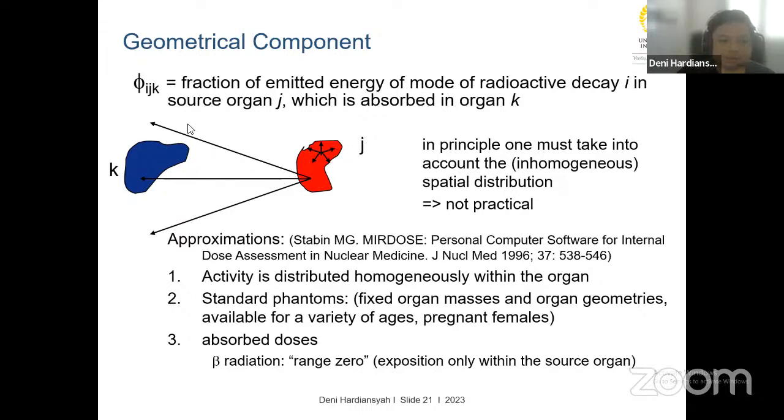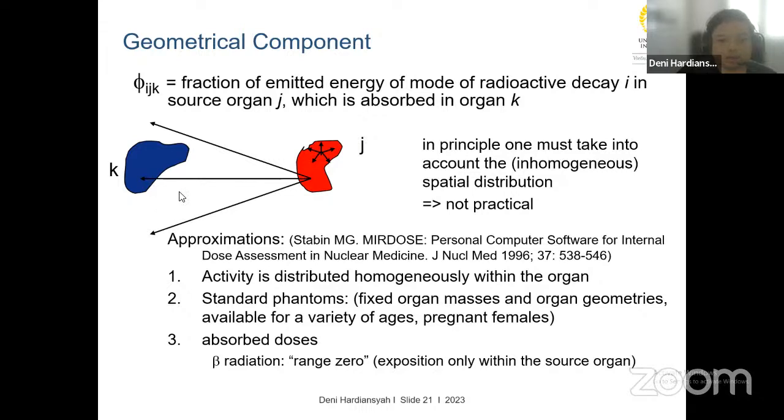For example, we have this liver in blue color. Because we have the radiopharmaceutical drugs located here, we can have the condition where these radiopharmaceutical drugs create some radiation that can irradiate this liver. Okay.